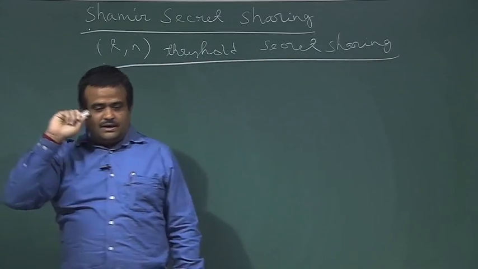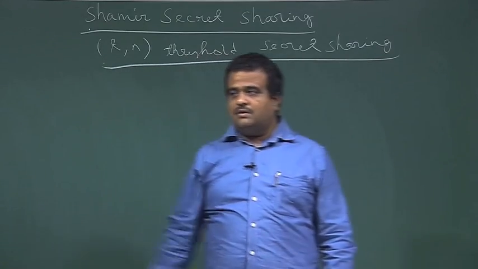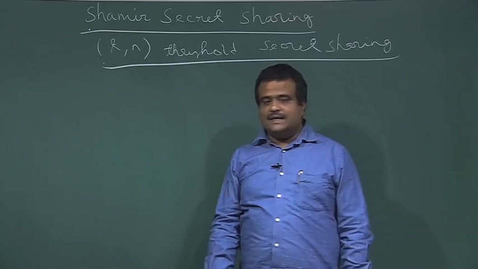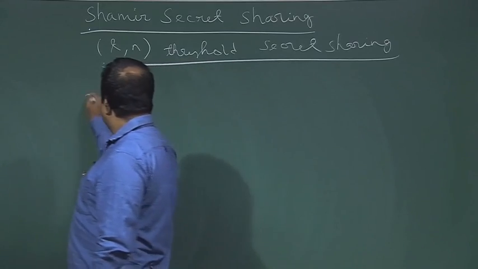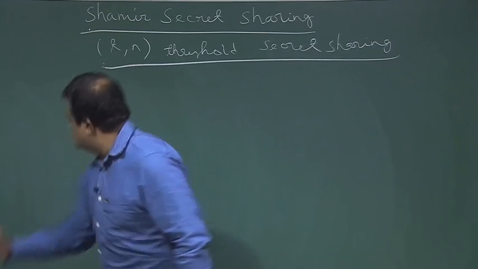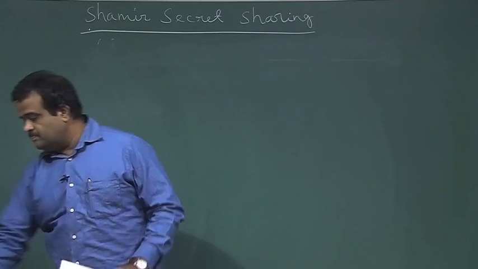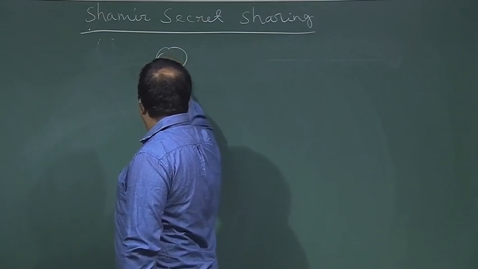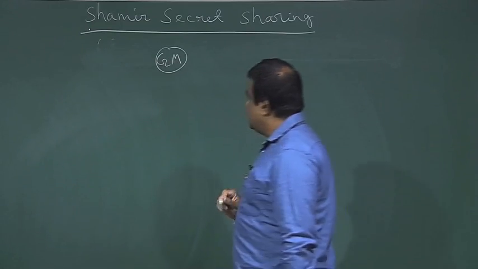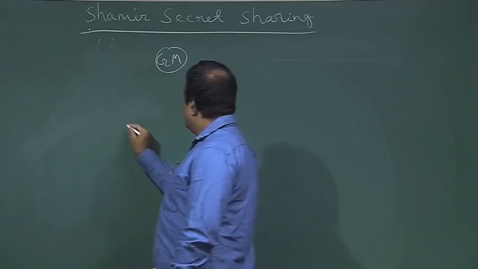Basically, there are n users or n participants, and there is a group manager, the leader or dealer.